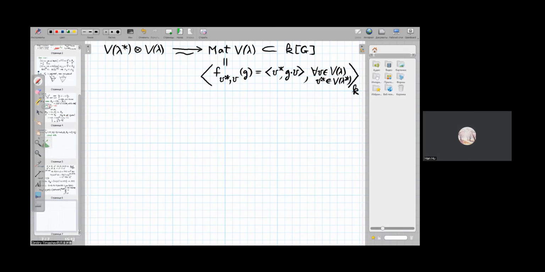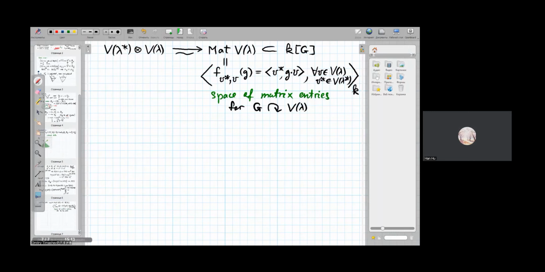So this is called the space of matrix entries for the representation of G in V of lambda. Why matrix entries?